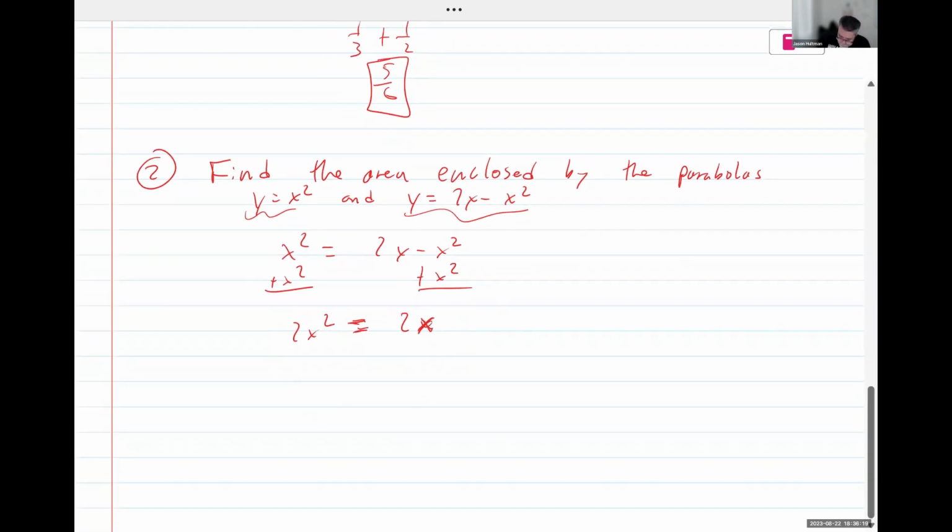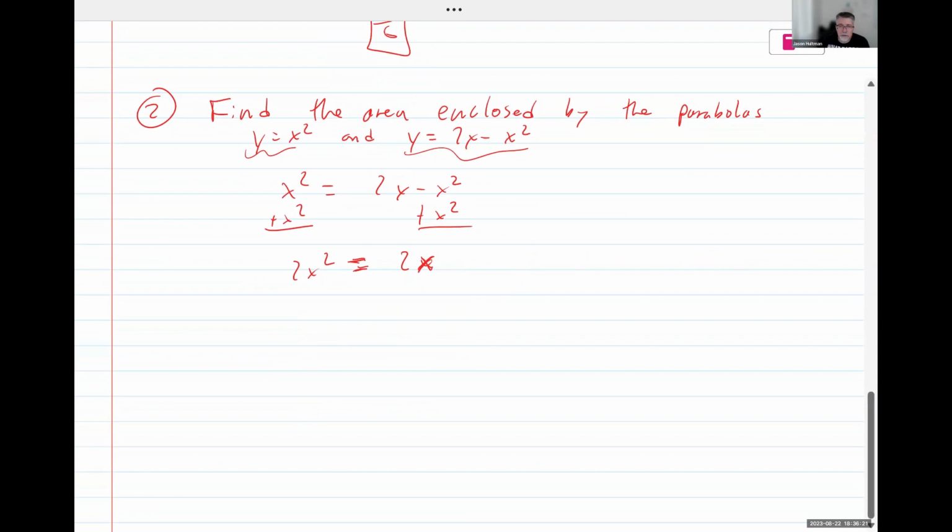Okay, now I have a choice to make here. I can either do this algebraically accurately, or I can mess up and eliminate one of my solutions. You might be inclined to do this, and this is wrong. Does anybody know why this is wrong? Why I can't divide by x?